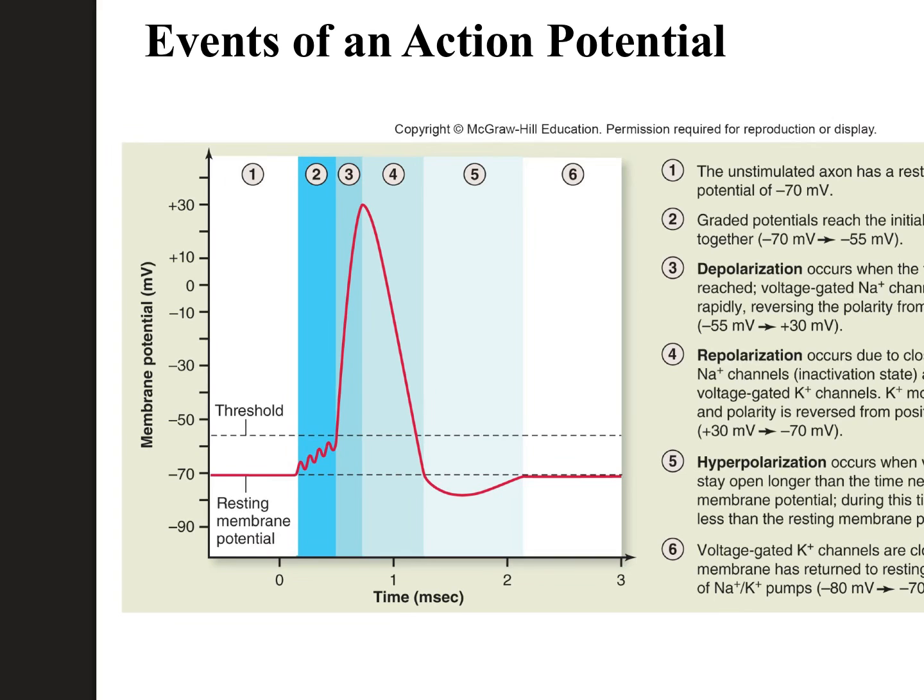So here are the different parts. You should study this particular graph and be able to tell me what's happening in each part of it. All right, I basically just gave it to you over here, and we've gone over it pretty much ad nauseam here. Yes? Are we clear on this?